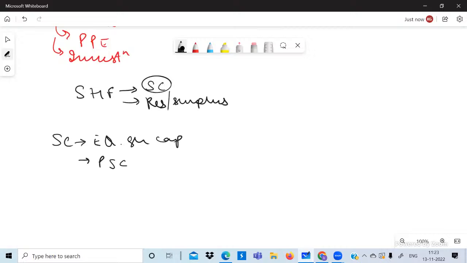Anyone who can tell me what's the difference between equity shares and preference shares? Anyone? Difference between equity shares and preference shares.